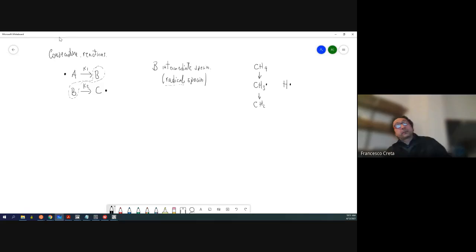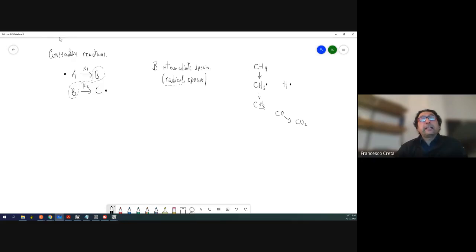This, in fact, is the very first step in the combustion of methane, where you have the process of oxidation of the carbon atom. Eventually we'll get to CO2, especially from CO, but in order to get there, we will have to strip CH4 of all the hydrogen atoms.